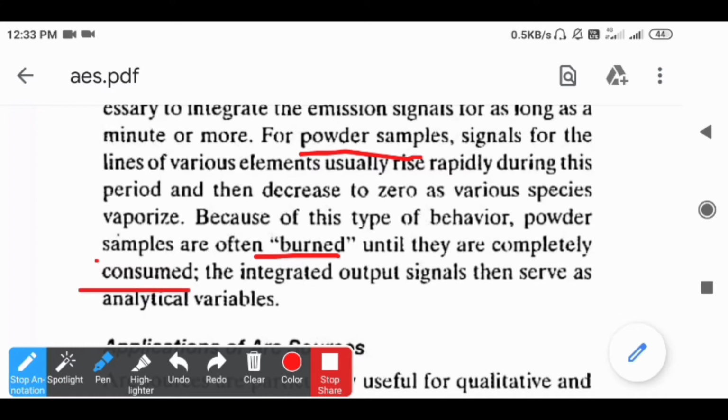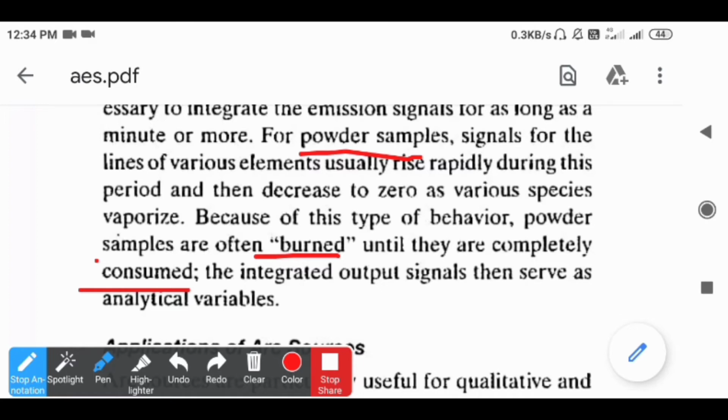So the overall output we obtain will have a wide range. For more volatile substances we get an early spectrum, and for those species which are less volatile, we get the spectrum at a later time.